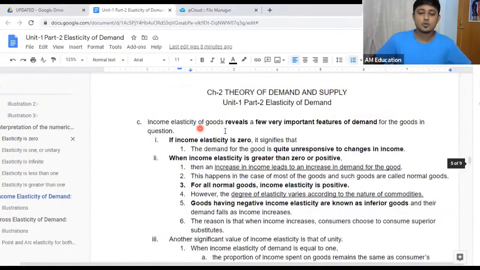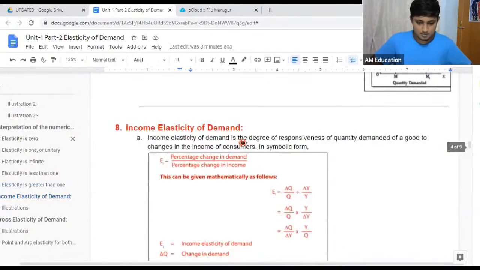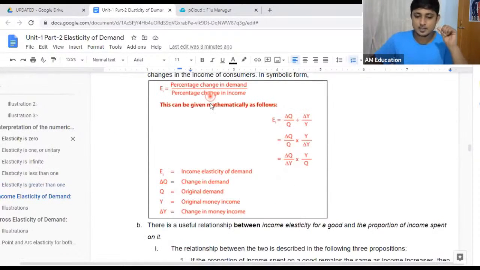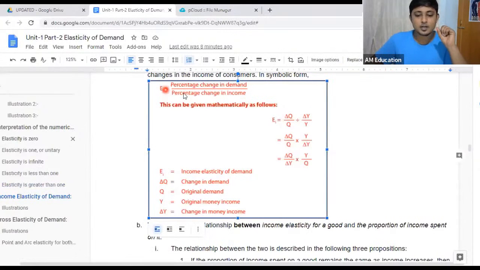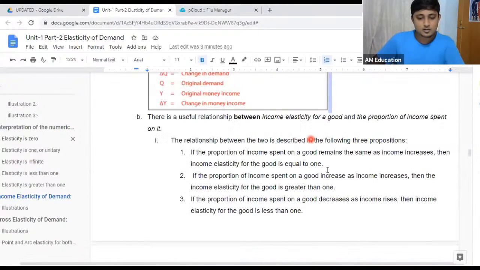Income elasticity of a good reveals. Check this out. See, income elasticity again is the same thing here: percentage change in demand by the percentage change in income. But what is this formula that we did? We saw these things, no? The proportion of income spent is more, the proportion of income spent became less, the proportion of income spent is equal.